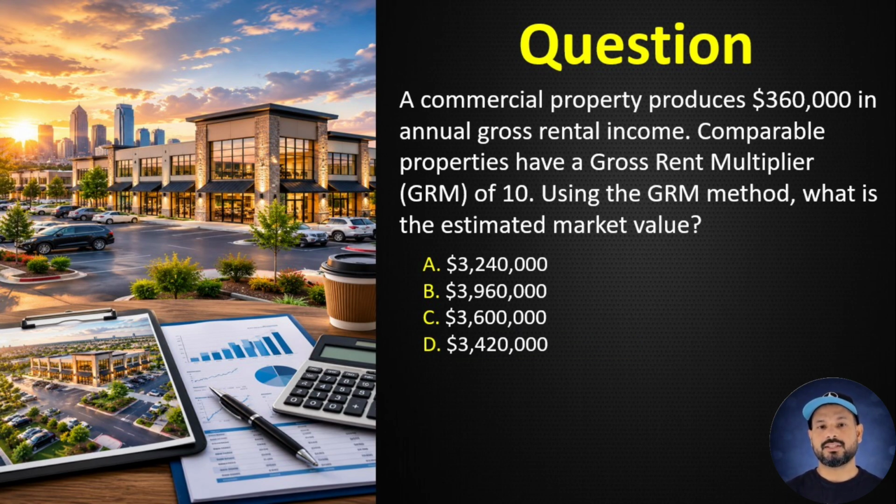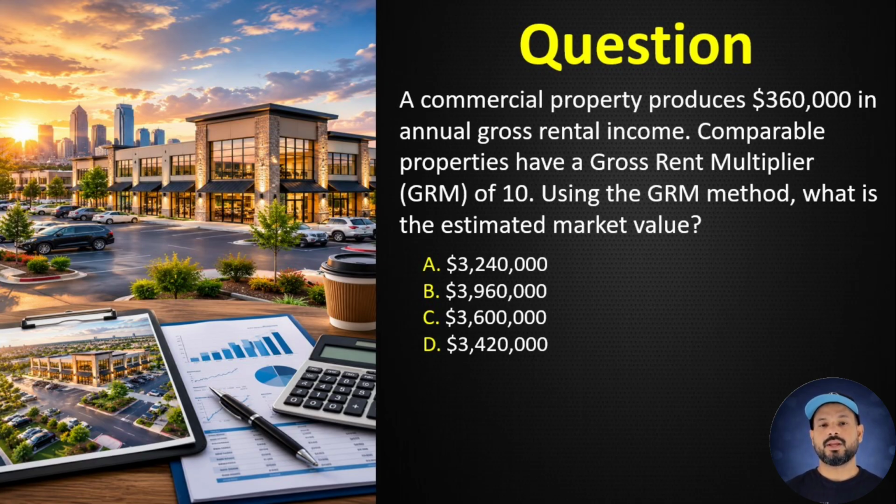Question number 6. A commercial property produces $360,000 in annual gross rental income. Comparable properties have a gross rent multiplier, GRM, of 10. Using the GRM method, what is the estimated market value? A. $3,240,000.